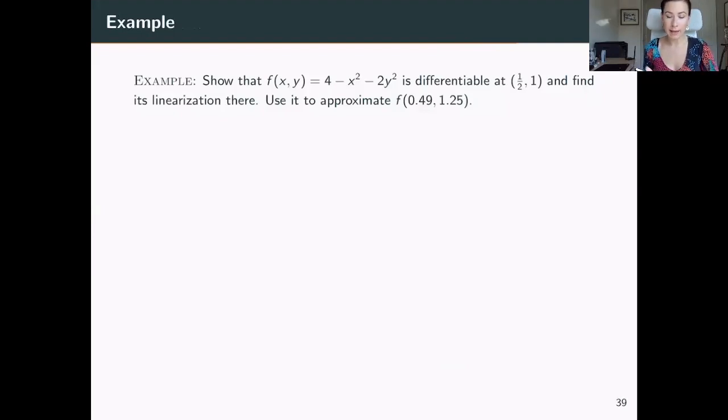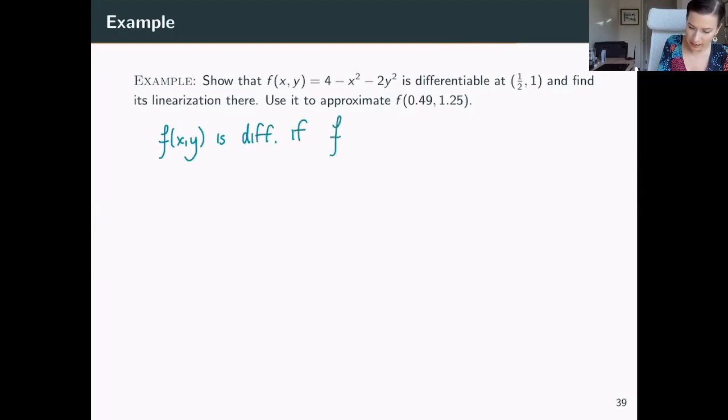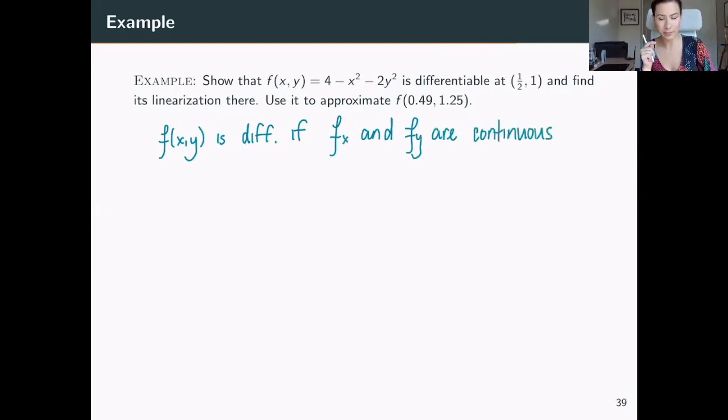So here we have a polynomial function that we want to show is differentiable. And we can show that f of x, y is differentiable if we know that fx and fy are continuous. And this is a definition that we looked at last week.